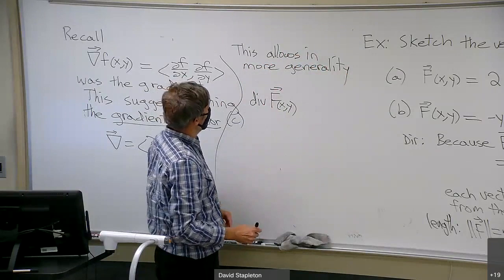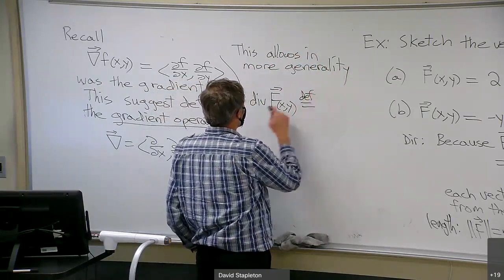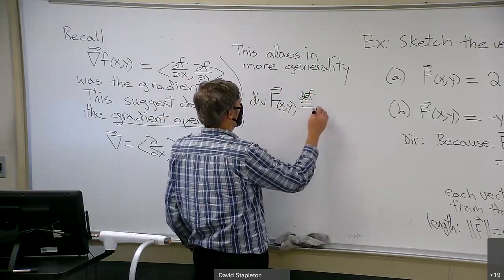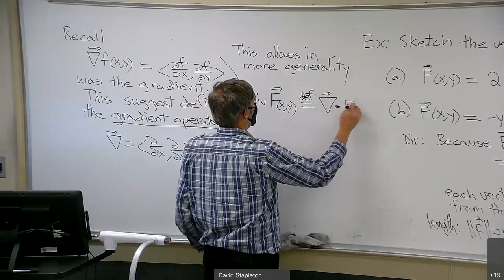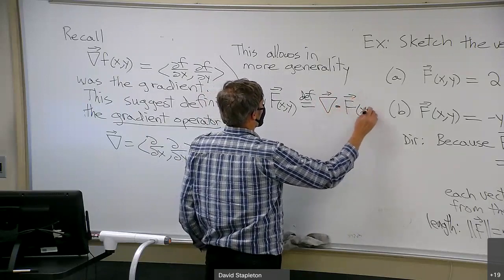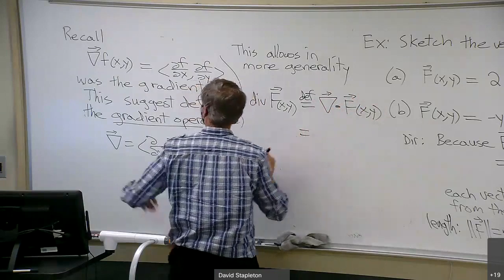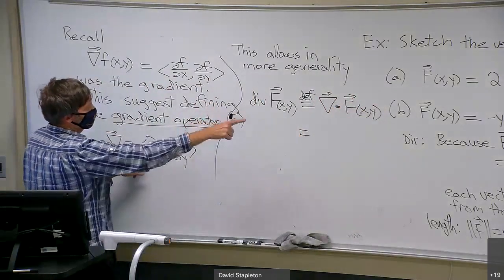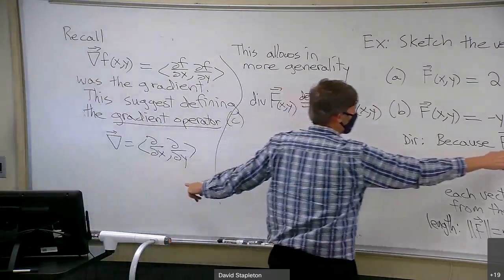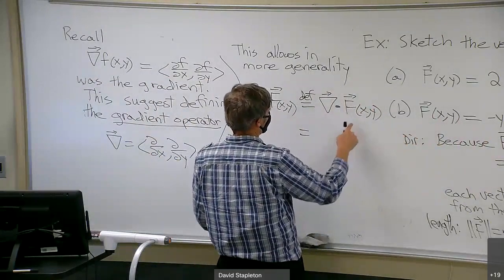You can apply it to this, and when you write this div, for divergence, it means take the gradient operator, dot product it with the vector field. So it's like this, written out, and you're taking this vector dot the vector that looks like f1 of x, y, f2 of x, y.